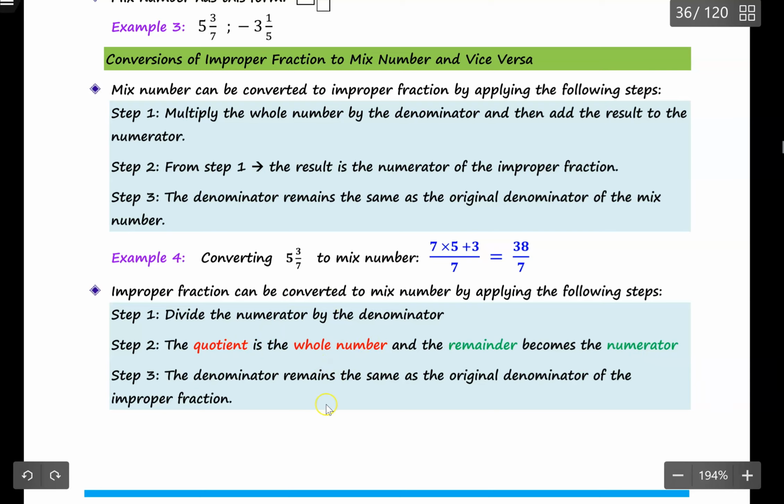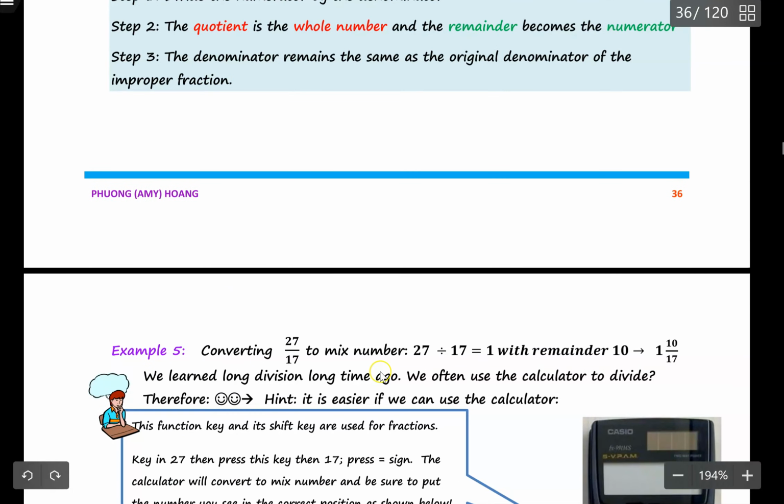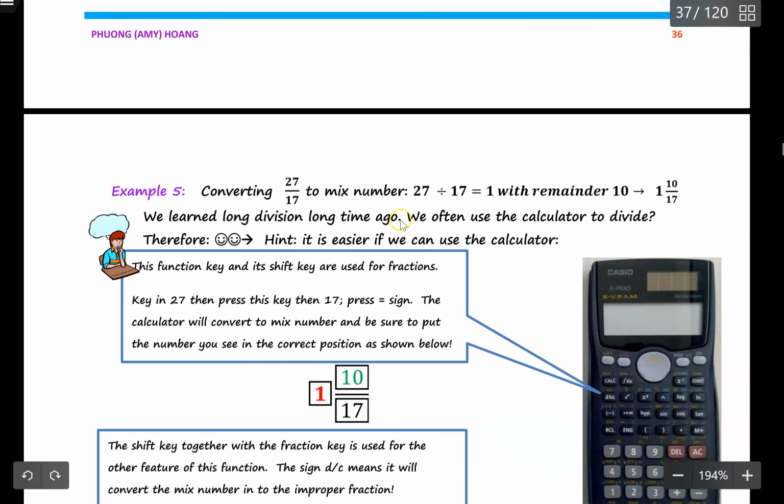It's quite a tedious process, which I believe no one is going to go back and use. So I will skip this here, but I will show everyone a little trick for converting and working with your calculators.